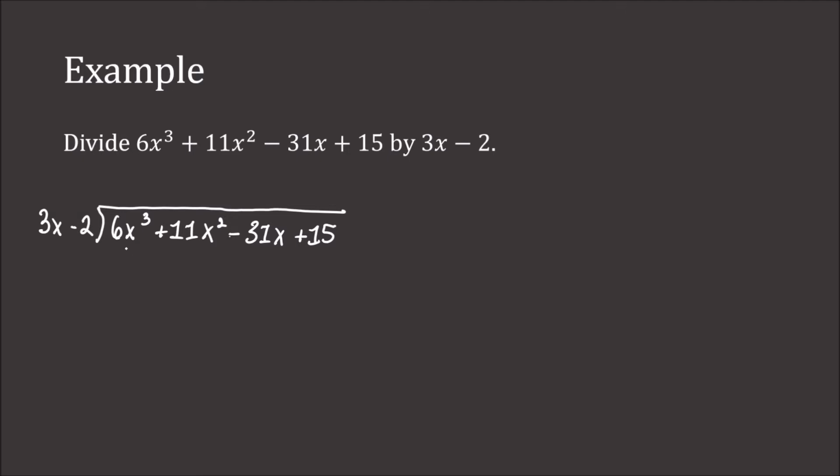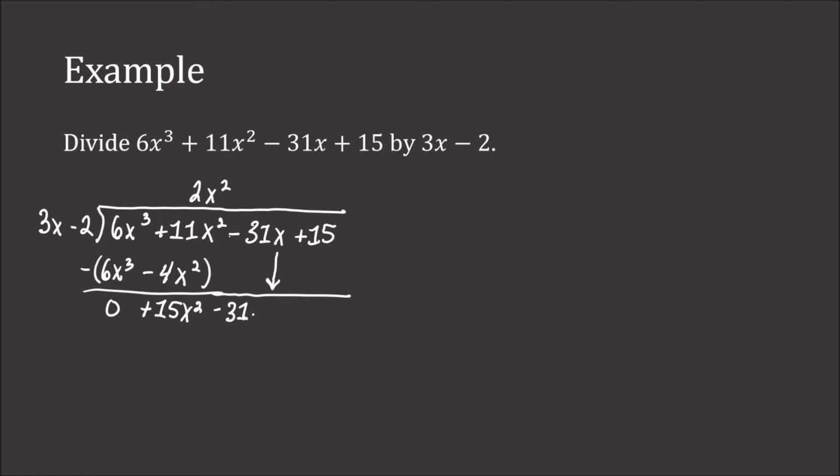So 6x cubed divided by 3x is 2x squared. So we get 6x cubed minus 4x squared. Subtract it. We'll get 0 plus 15x squared. Now we want to carry down the next terms. So we have minus 31x plus 15.